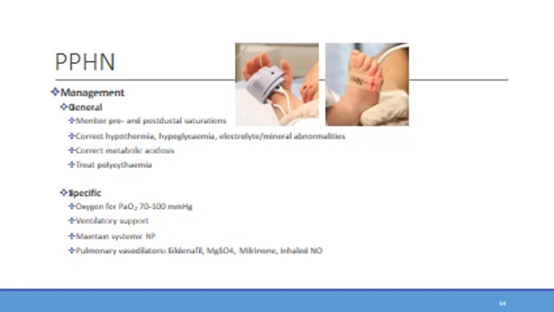A few general management strategies can also assist. Firstly, the baby should be monitored very well with pre- and post-ductal saturation monitoring. If there is a discrepancy of more than 10%, it indicates a shunt from right to left through the patent ductus arteriosus.